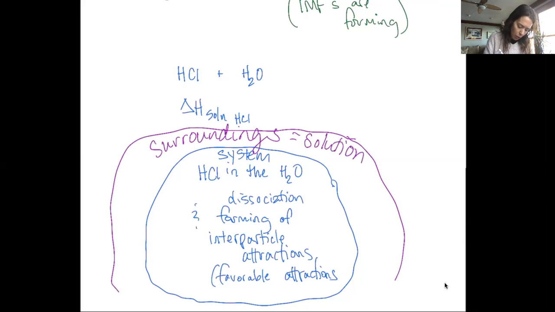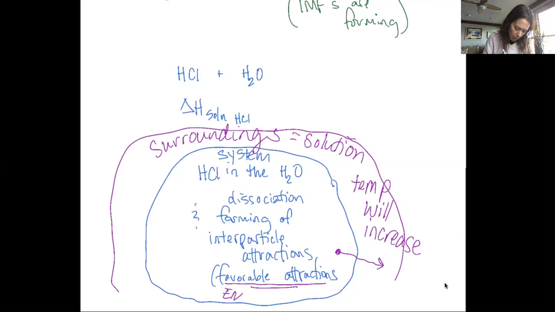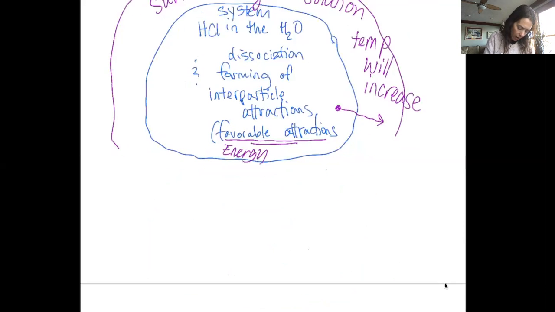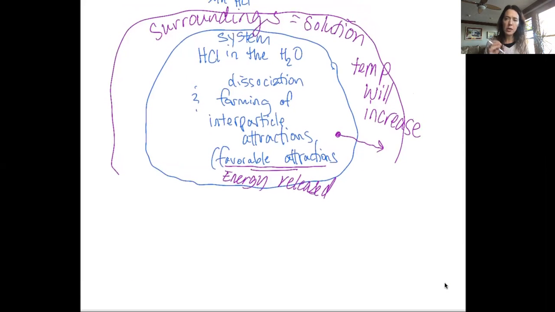And what we'll see is the temperature will increase because this is overall an exothermic process, and these favorable attractions cause energy to be released to the surroundings. You put your thermometer in the beaker and it's warmer and it feels hot. You've got to think about it like that. We're always measuring the temperature of the surroundings.